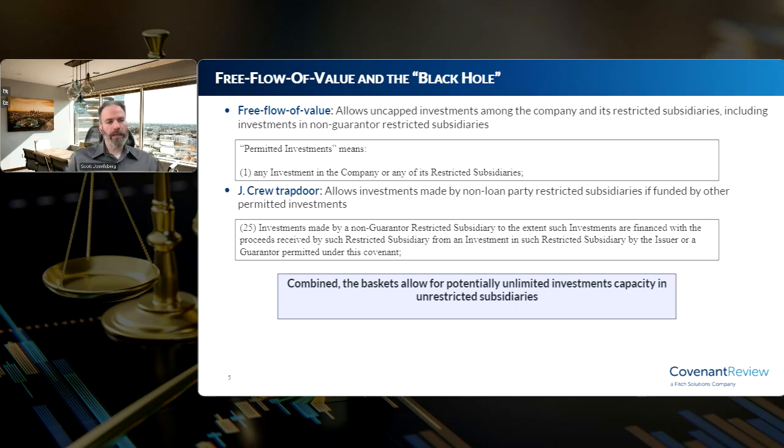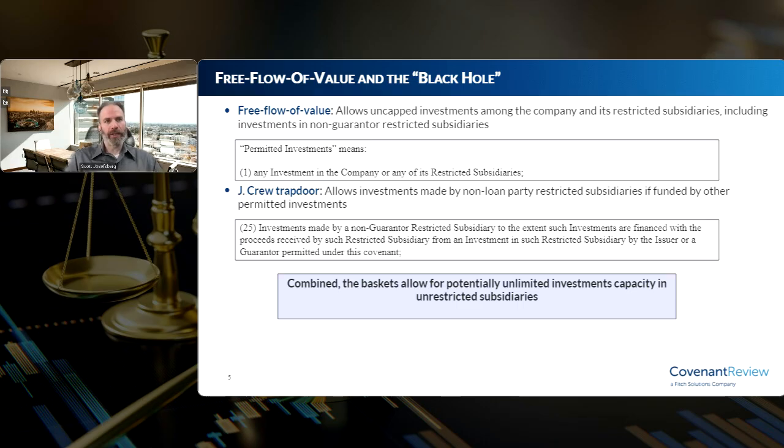So if you're in an unsecured instrument, and like I said, the history of unsecured bonds is they're mostly unsecured, something like 70% of high yield bonds are still unsecured. If you move an asset from a guarantor to a non-guarantor, that's not great, but you're not losing collateral because they're unsecured instruments anyway.